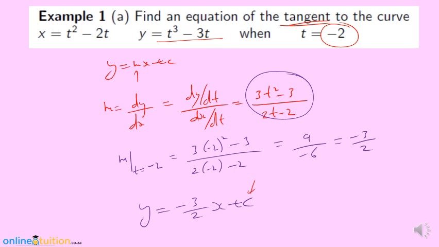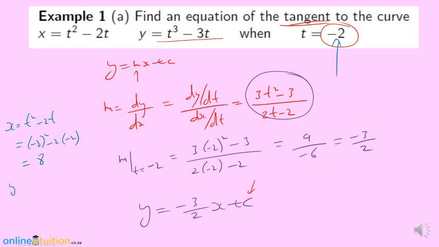Come, think about that very carefully. Well, we do have x equal to t squared minus 2t. But we need to see what's happening at t equal to minus 2. So that becomes minus 2 squared minus 2 into minus 2. So you're going to get 4 and 4, so x is going to be 8.